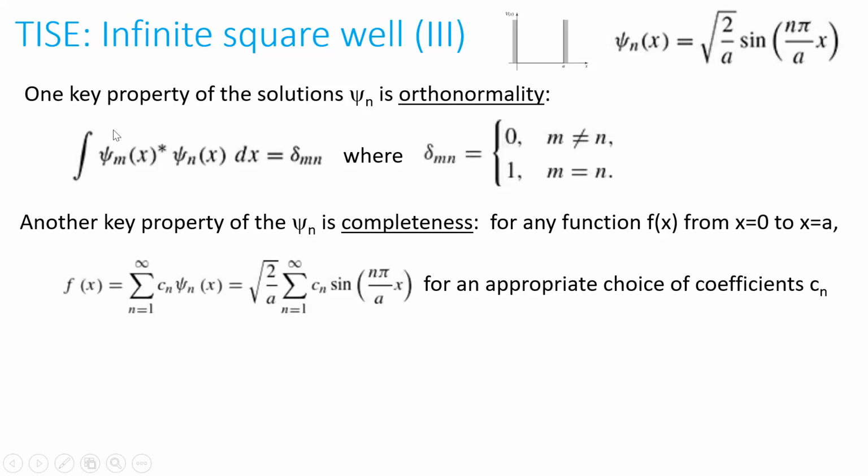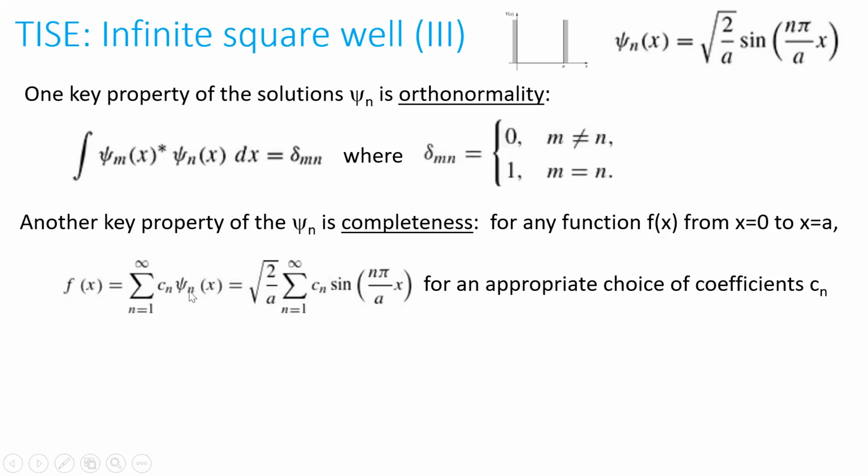Another key property of the separable solutions is completeness. It turns out for any function f from x equals 0 to x equal a, so on where the function can be non-zero, we can write that function as a linear combination of the separable solutions with the proper coefficient Cn.